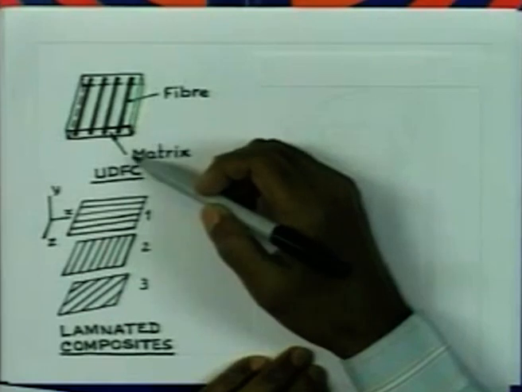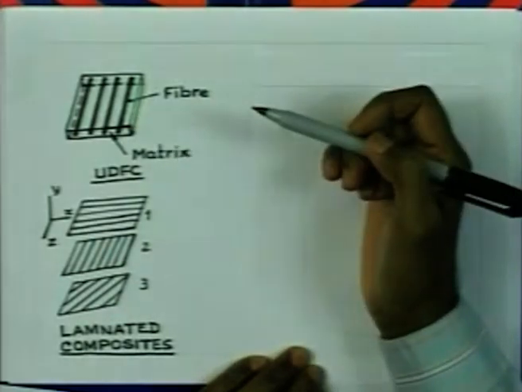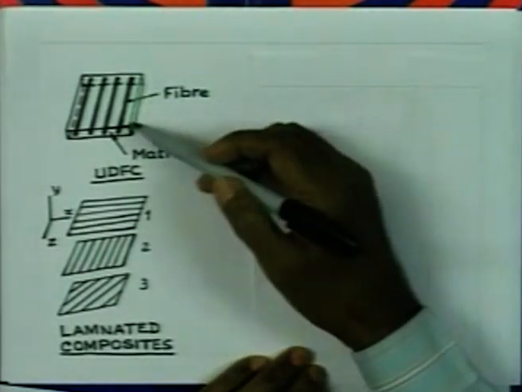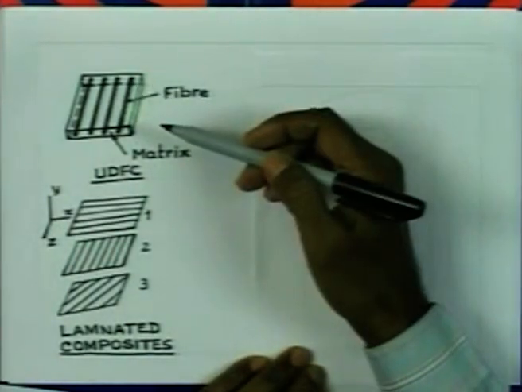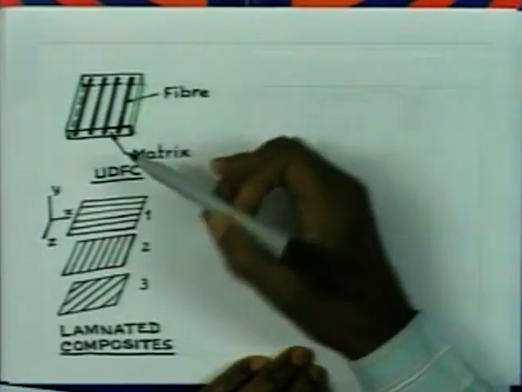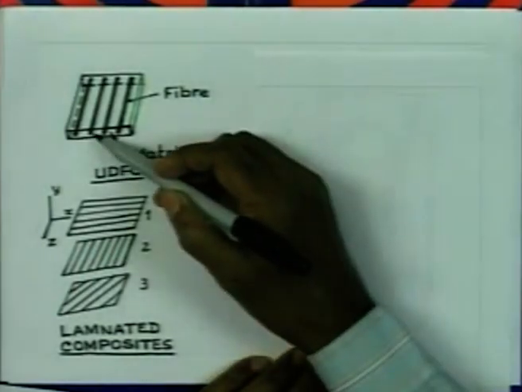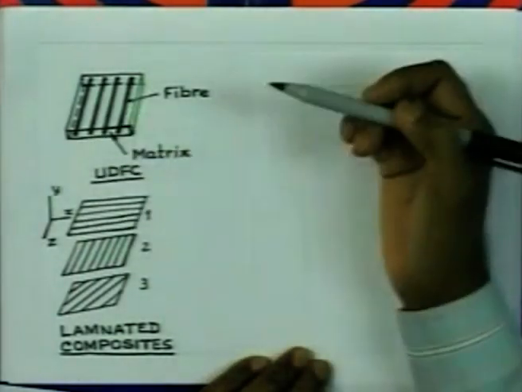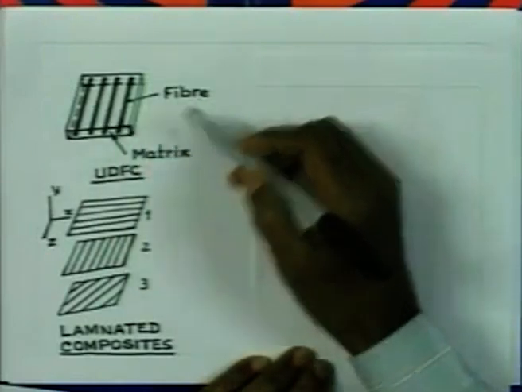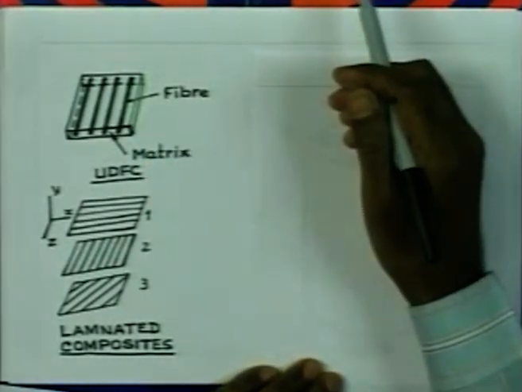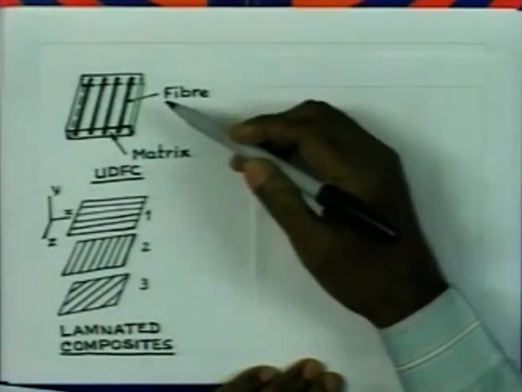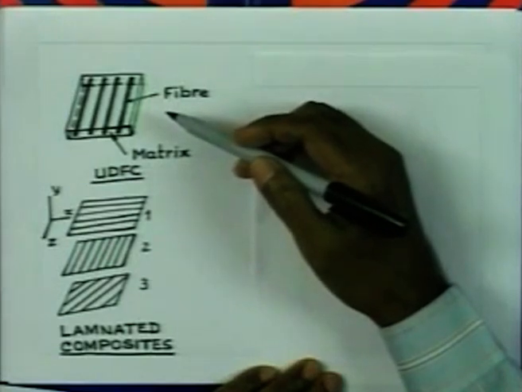For example, the matrix could be made of epoxy or perspex, and the fibers could be glass fibers, nylon, or carbon fibers. Such materials are known as unidirectional fiber composites. They will have a strong modulus in the direction of the fiber and a lower modulus in the direction perpendicular to the fibers. These materials are really orthotropic materials.